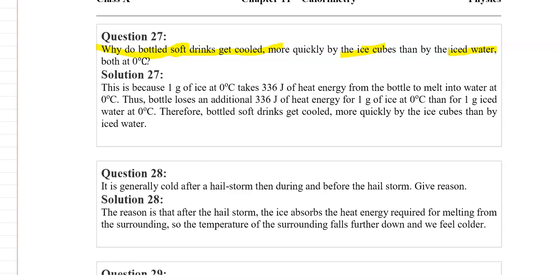That means at constant temperature it can absorb more heat, but iced water cannot absorb heat at constant temperature. By absorbing heat, the temperature of the water starts increasing.